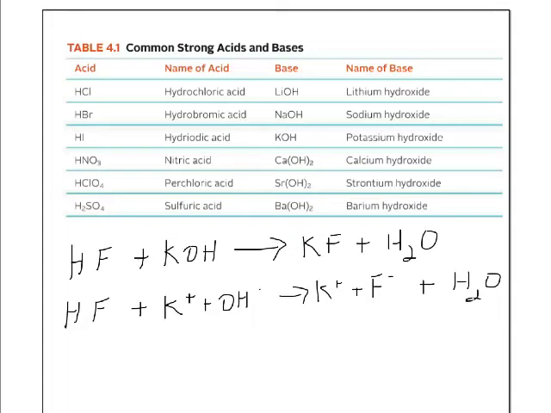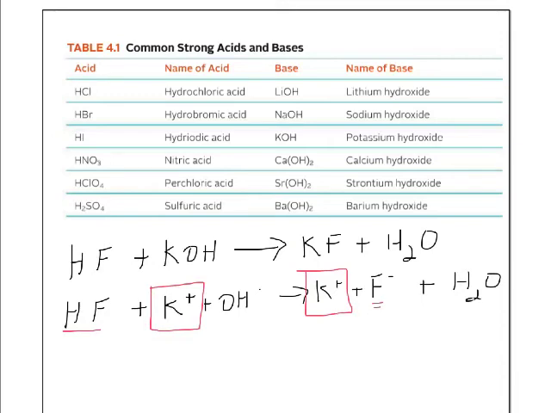So we can go through the process and cancel out everything that stays exactly the same. In this case, we can only cancel out the potassium ion. Careful, you might be tempted to want to get rid of that fluoride ion, but over here it's connected with the HF, so you can't cancel it out in that situation.